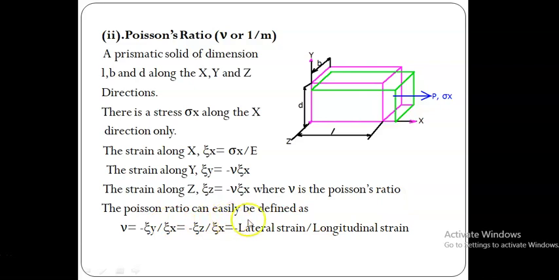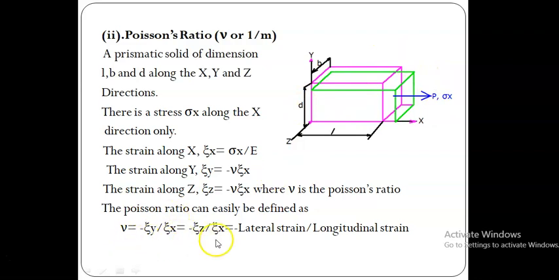So the Poisson ratio can be defined as nu equal to minus epsilon y divided by epsilon x, or equal to minus epsilon z divided by epsilon x, which is minus lateral strain divided by longitudinal strain. The minus sign means that, because of this uniaxial linear strain, the strain occurring laterally is opposite to the linear strain.